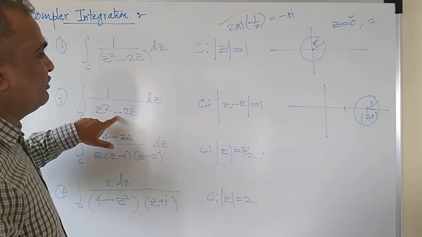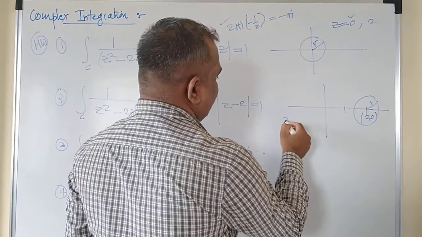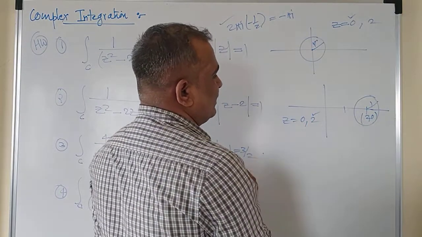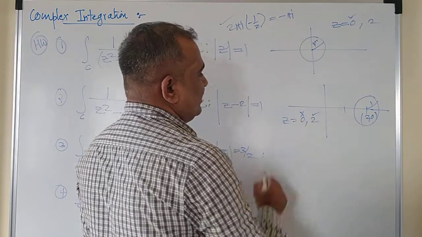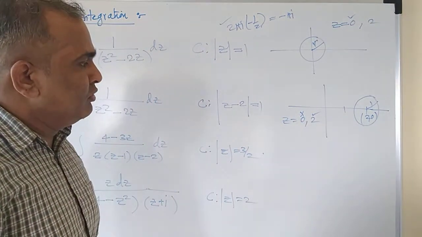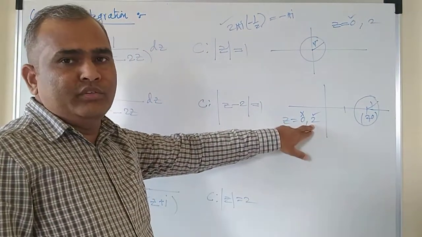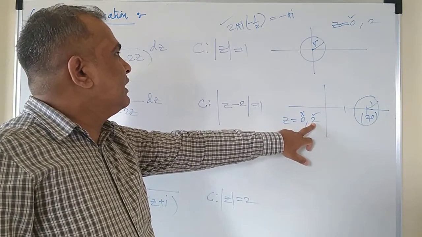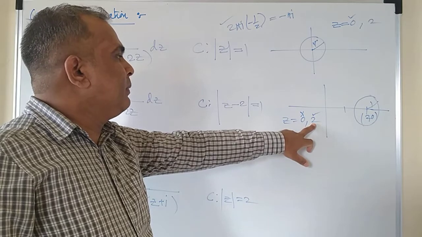So this is also having two poles. Poles are at z equals 0 and 2. So 2 lies inside the contour, whereas 0 doesn't lie inside the contour. So you need to solve only at z equals 2 by using Cauchy integral formula. If you solve this, then your answer will be 2 pi i into f of a.